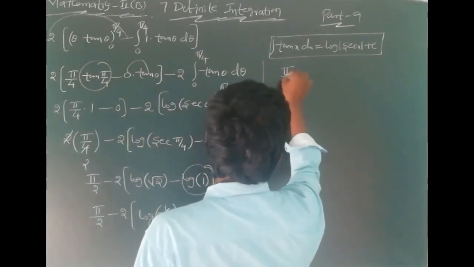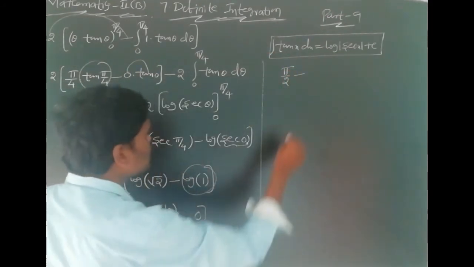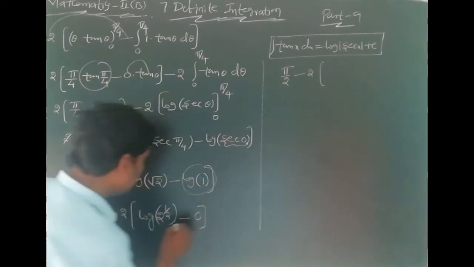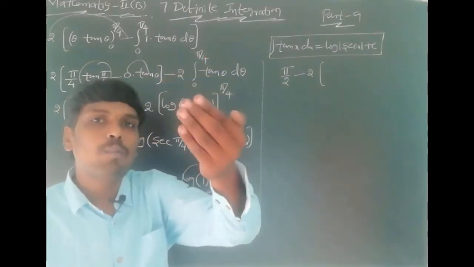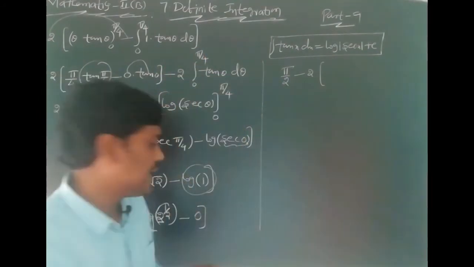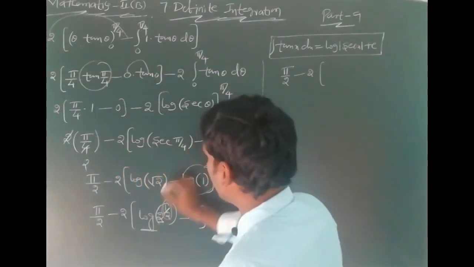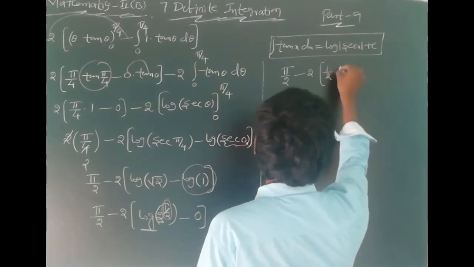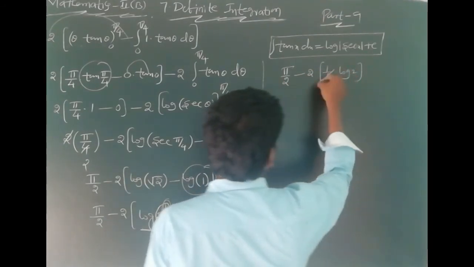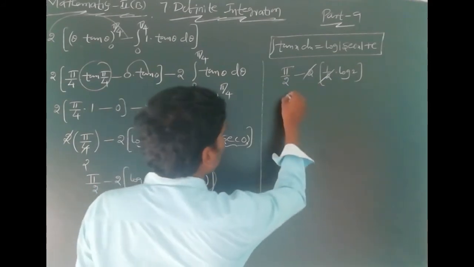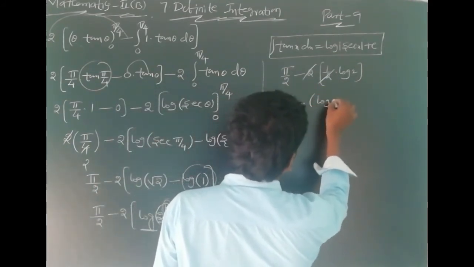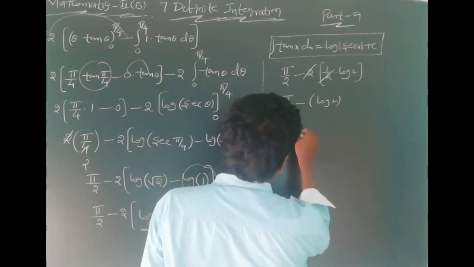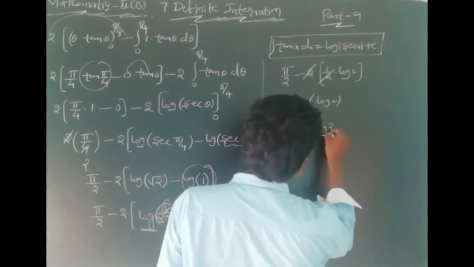Pi by 2 minus 2 into, here log a whole power m formula is there. Log a whole power m formula is what? m into log a. m value is 1 by 2, 1 by 2 into log a. a value is 2. 2 get cancelled. You get pi by 2 minus log 2, base e.